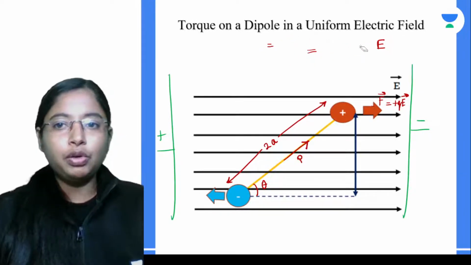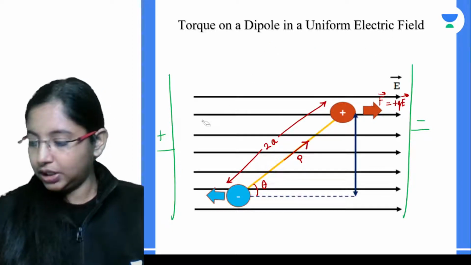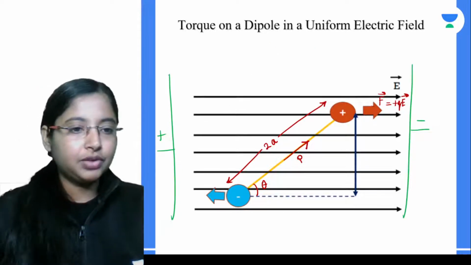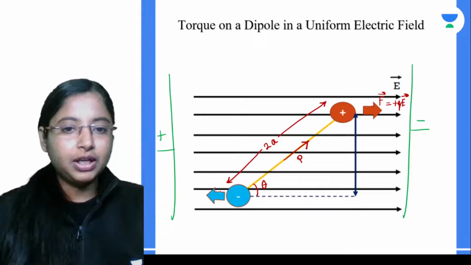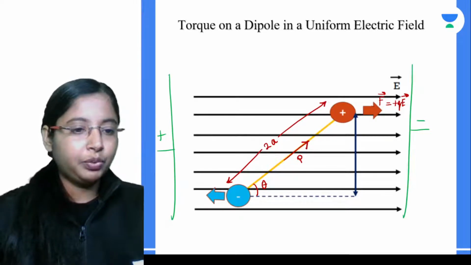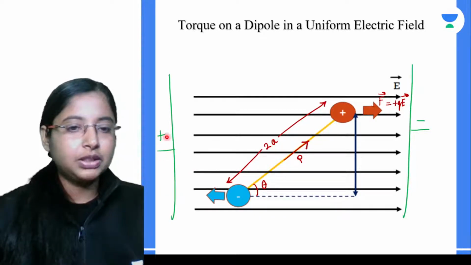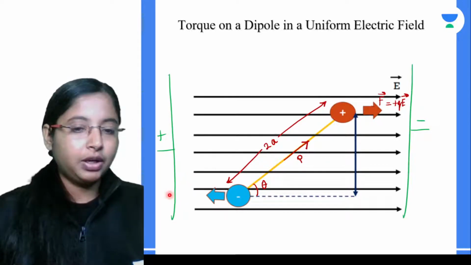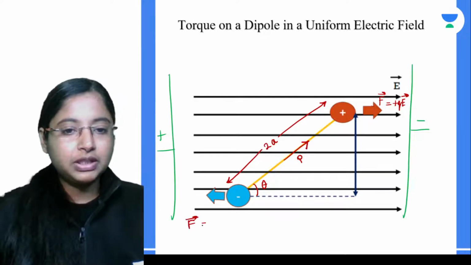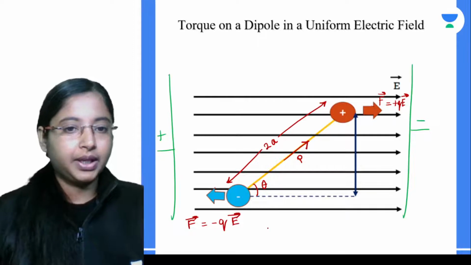Now what would happen to the negative charge over here? This negative charge will get attracted towards the positive side, and it will tend to move towards this side. So the force equation in this case will be, with charge minus q, minus q into the electric field E.